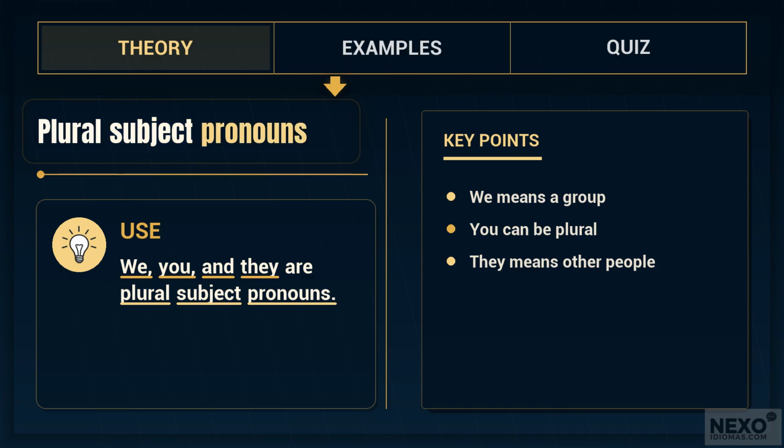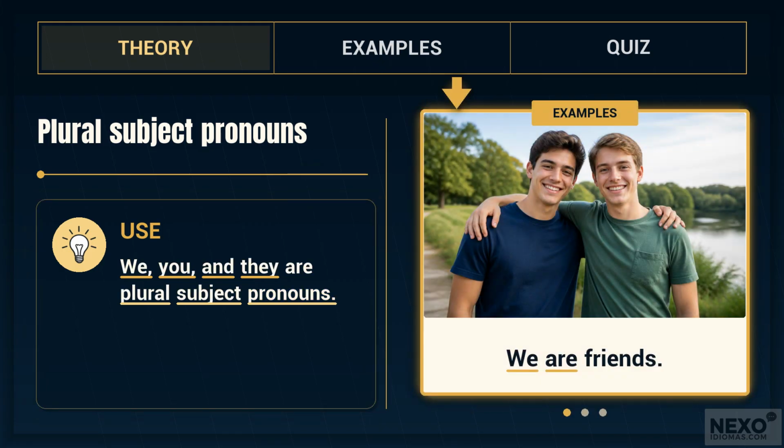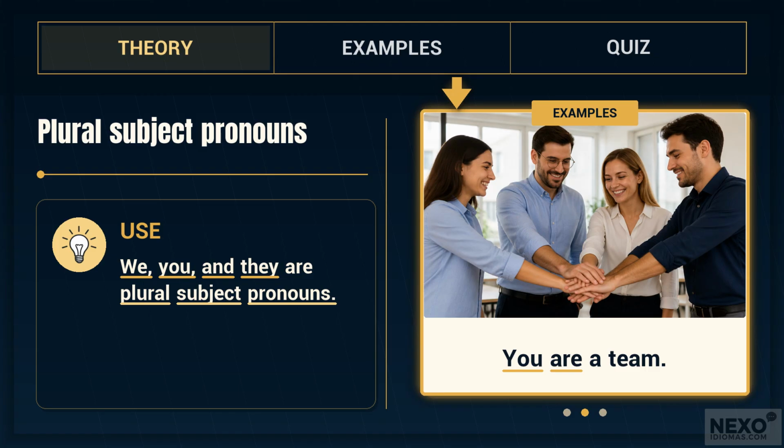Plural subject pronouns. We, you, and they are plural subject pronouns. Example. We are friends. Example. You are a team.